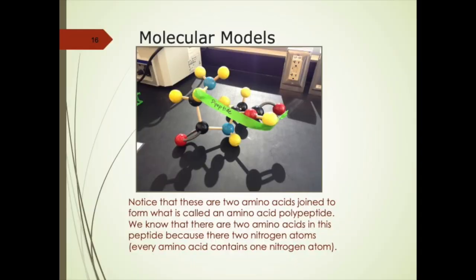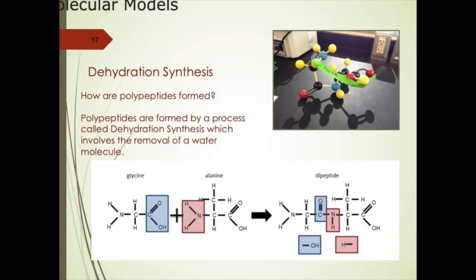If you notice, these 2 amino acids can join. Okay, and this is in your lab manual. These can join in what's called a dipeptide bond. Dipeptide bonds form in what's known as dehydration synthesis. All right?